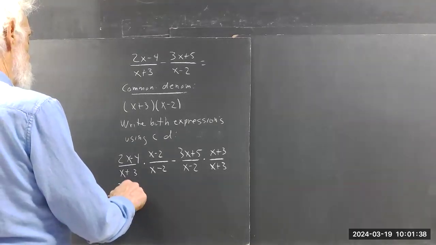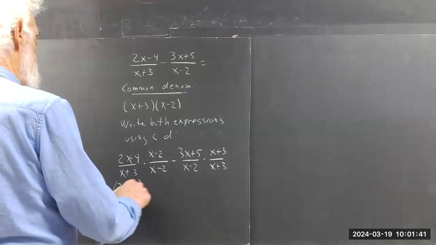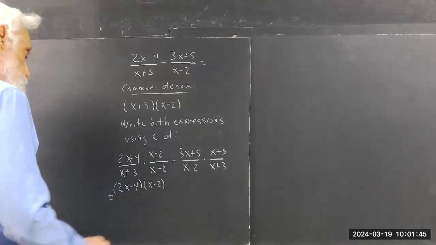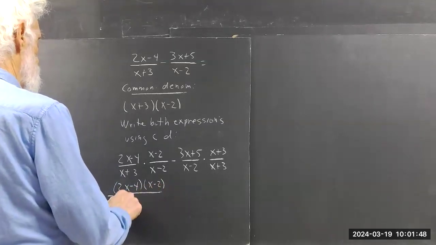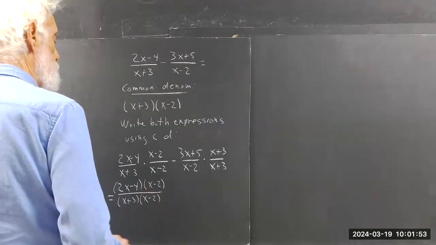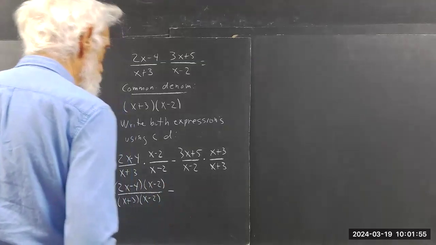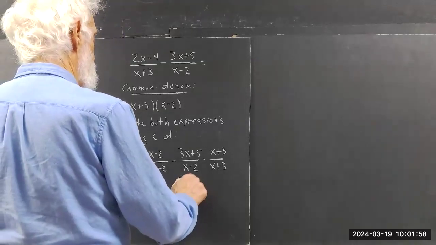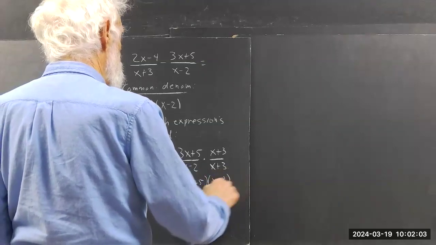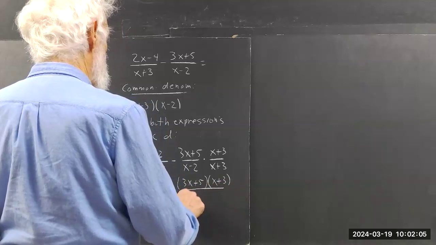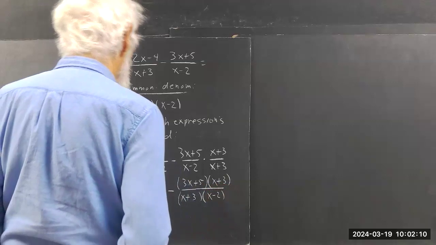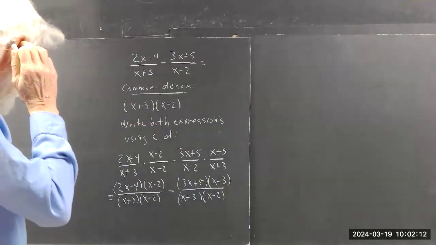So this is 2x minus 4 times x minus 2 over x plus 3 times x minus 2 minus 3x plus 5 times x plus 3 over x plus 3 times x minus 2.